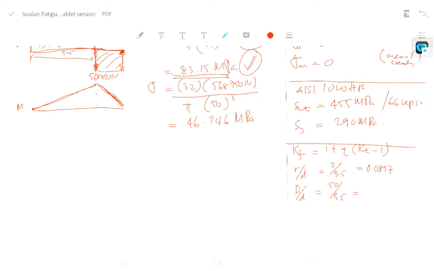And 50 divided by 35 is 1.429. Okay, can the class follow?